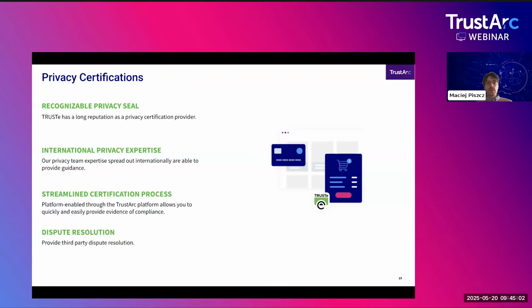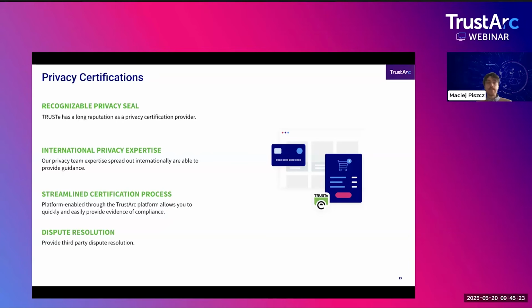Can we move to the next slide? Another important note on the benefits: at the end of the certification process, certified companies receive a privacy seal that can be displayed on their privacy notice, with a long history of providing the privacy certification. Our seal is very well recognizable.